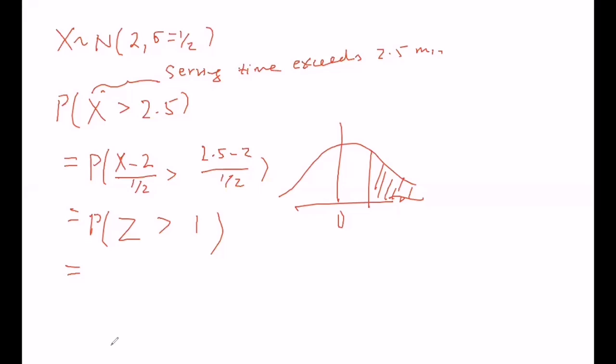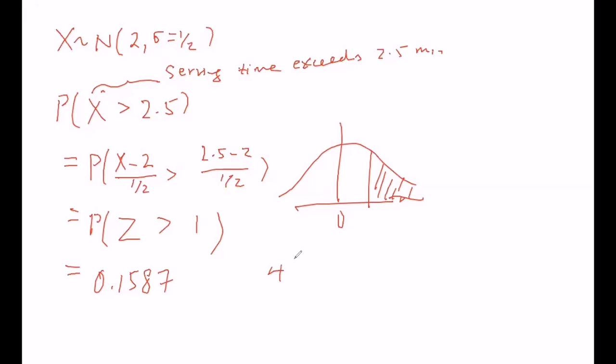If you check the table, what should this be? Let me check the table a bit. For 1, that would be 0.1587, okay? From the statistical tables.